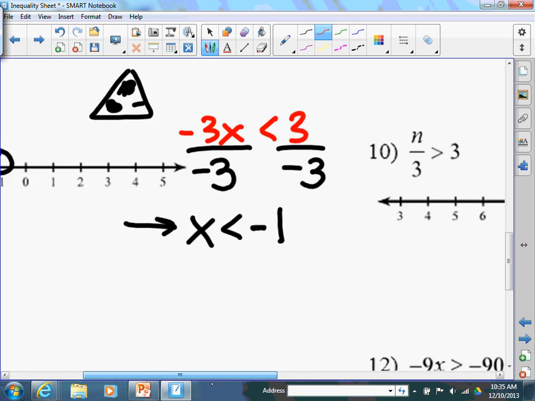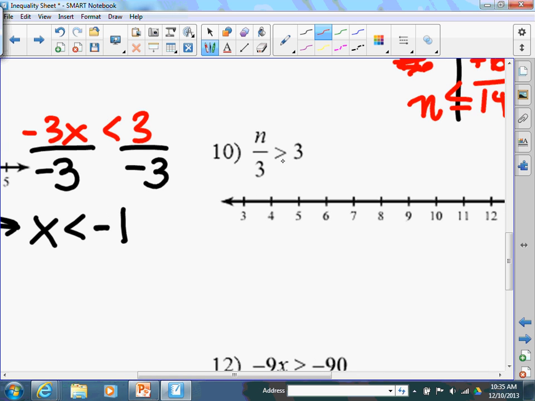Number 10. Is our variable on the left? Yes. Is there a negative in front of or below it? Oh, good. So we're ready to roll on this one, right? Yes. So what's the opposite operation? We're going to multiply both sides by what?